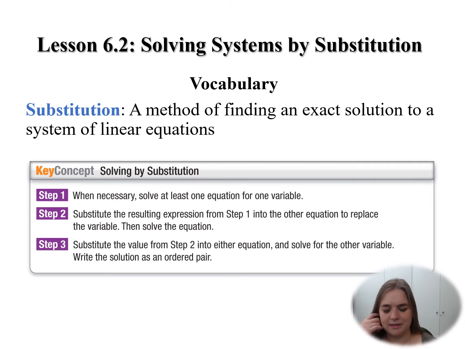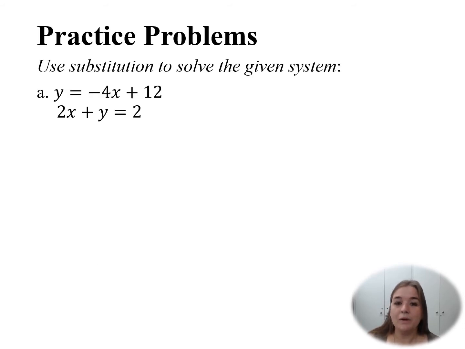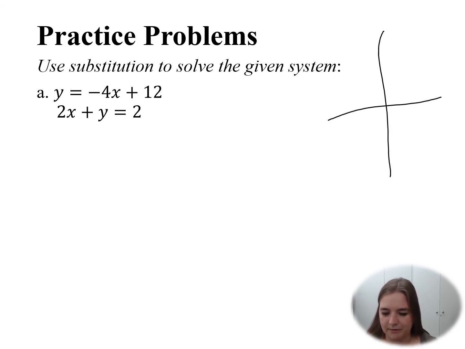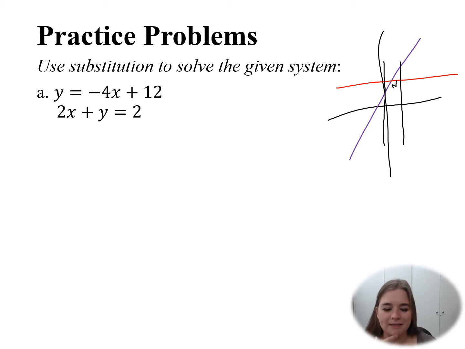Now let's practice with this because it sounds a lot more complicated than it is. We can solve by graphing, but what if we wind up with a system that looks something like this when we graph it, where the intersection is not at integer values, maybe partway between 0 and 1? We'd have to estimate.